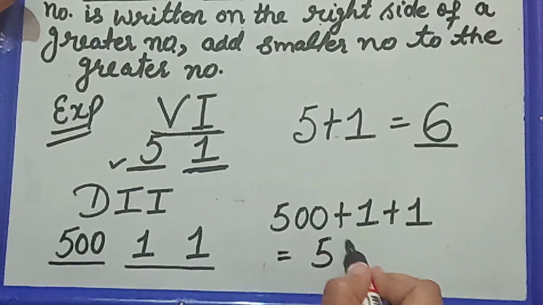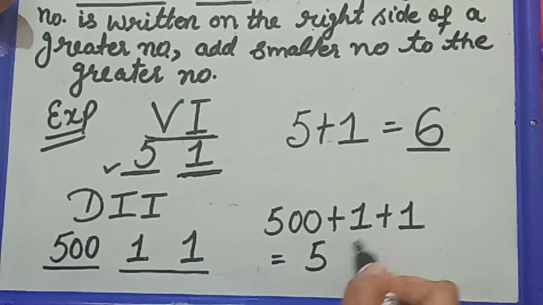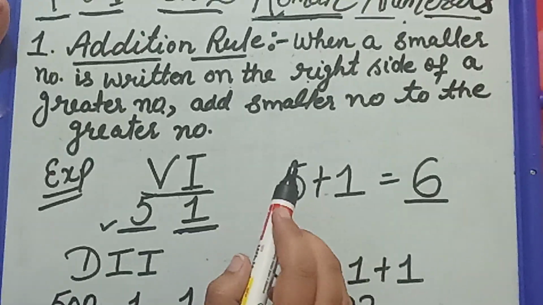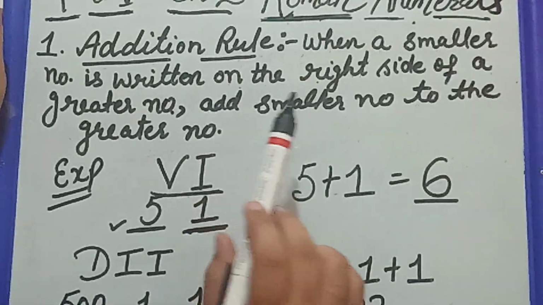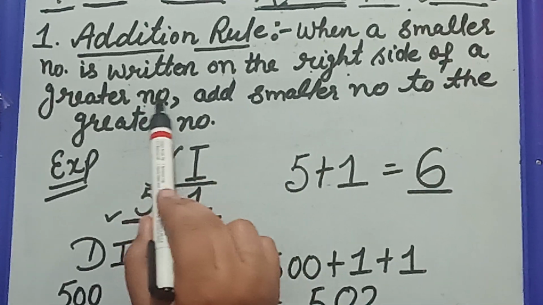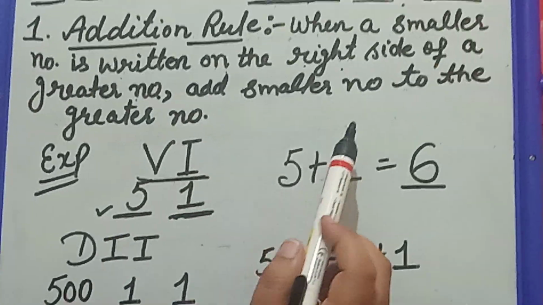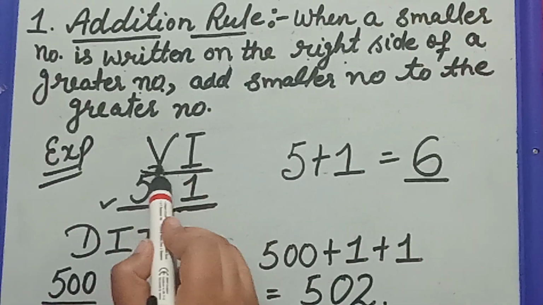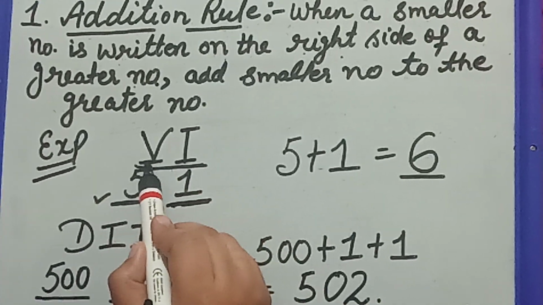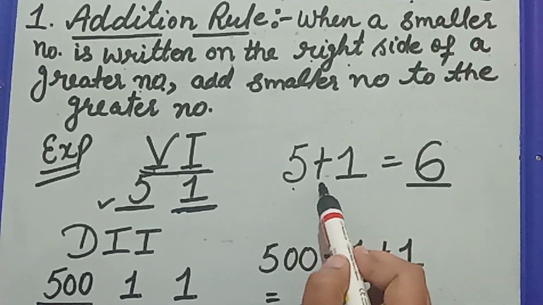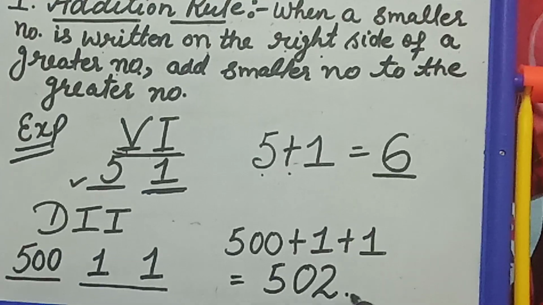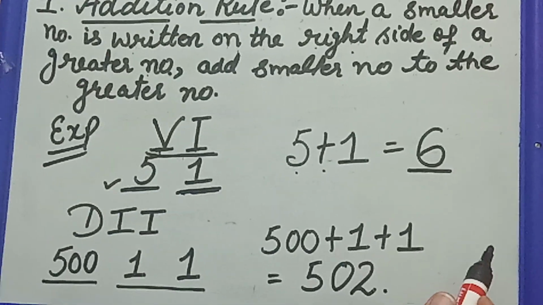So the answer will be 500 plus 1 plus 1, that will be 502. I'm going to explain this again. Addition rule says if a smaller number is written on the right side of a greater number, or what I can say, if a greater number is written before the smaller number, we have to add the numbers.